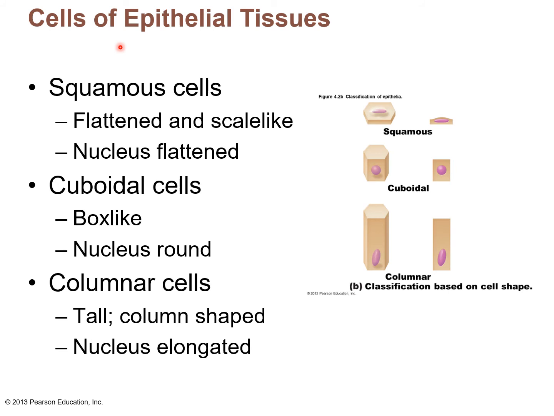And if they are rectangular shaped, then they are columnar. And you can see right here, here are the cells, and the purple looking structures are representing the nuclei. So the nuclei for the squamous, as you can see, are usually flattened out like so. For the cuboidal cells, the nucleus is usually circular, and for the columnar, the nucleus looks stretched out, elongated.